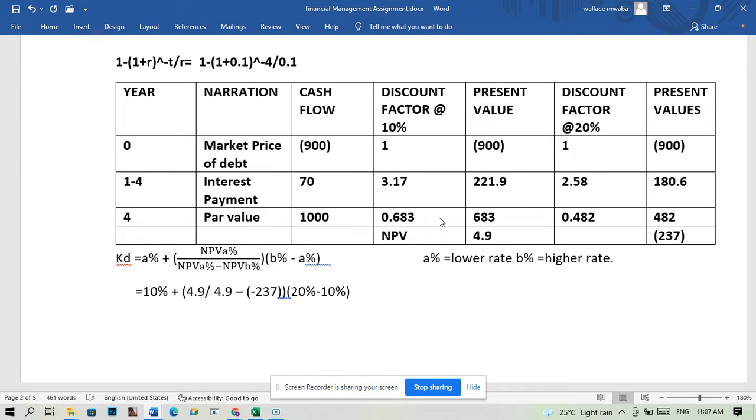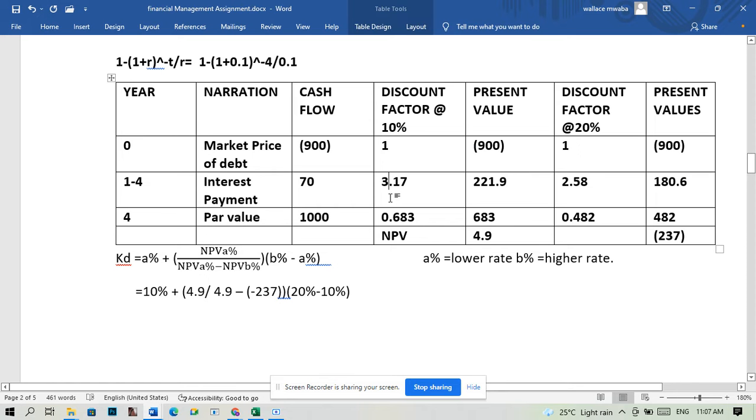So 1.1 to the power negative 4 gives us 0.683. What's 1 minus 0.683? We get 0.317, then we divide it by 0.1, we get 3.17. This is how we got the 3.17 here.